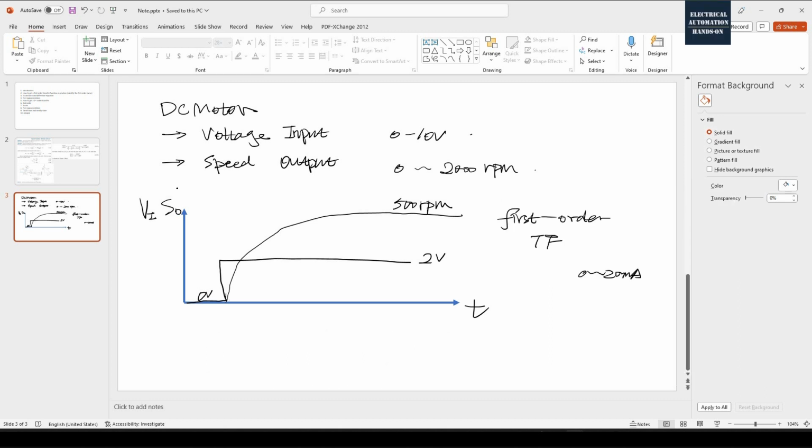If you are using a heater system, from the PLC output you may be using an analog output. The analog output could be 0 to 20 milliamp or 4 to 20 milliamp, right? And in your PLC program, your 0 to 20 milliamp could be represented as 0 to 27648 with the unscale function.